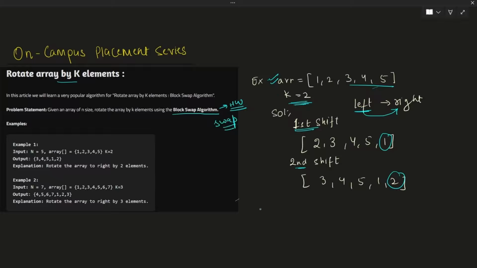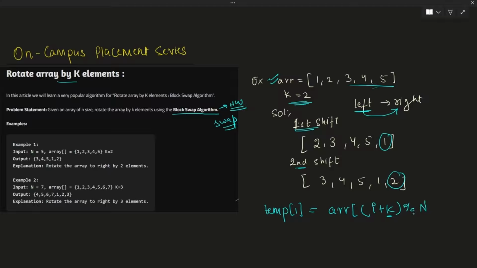Now I will take you to the formula which makes this question very easy. The formula looks like this: there is an array, we will call it temp of i. What is temp? You will get to know in a few seconds. Now temp of i equals the array at position (i plus k) mod the length of the array, where k is the number of times we need to shift.